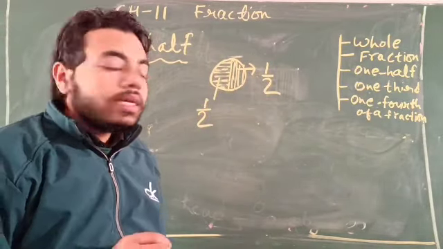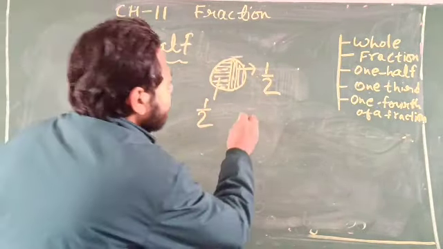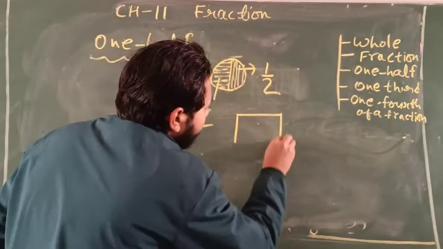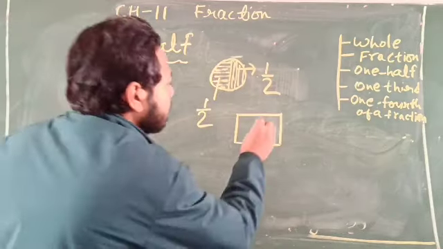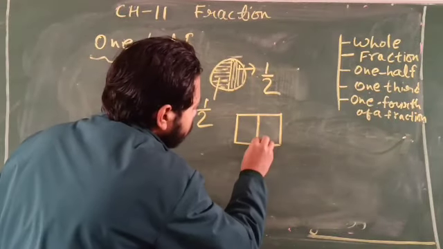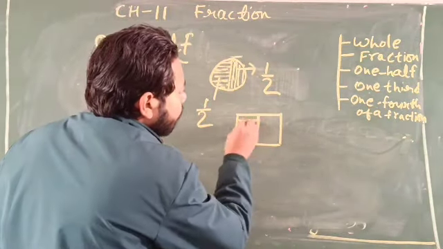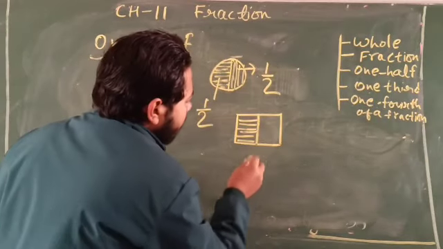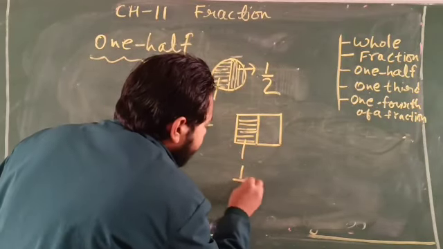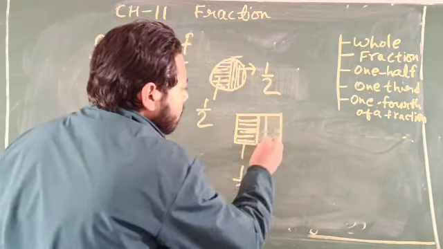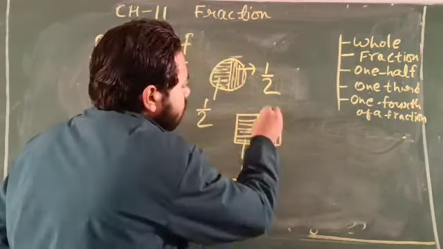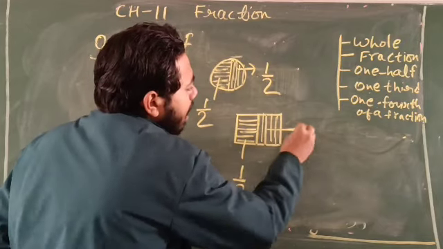So let's take another example, a square, and the square is divided into two equal parts. Here the first part represents 1/2, and this next part, the second part, is also representing 1/2.